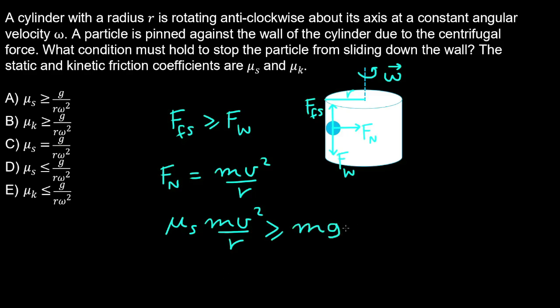So if we solve this inequality for mu s, we get mu s is greater than or equal to gr on v squared.